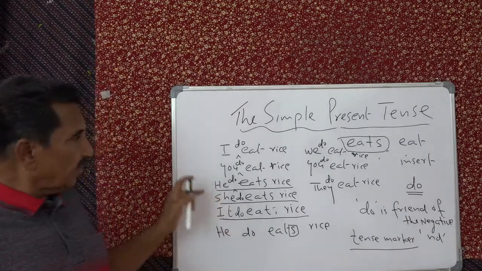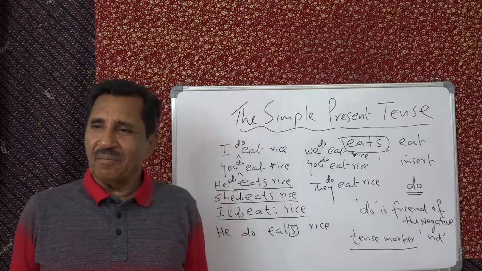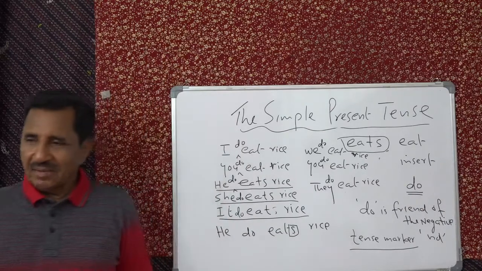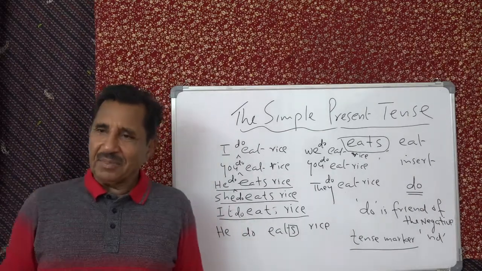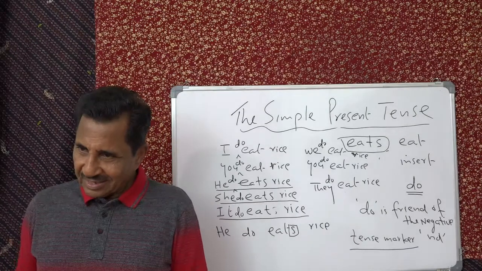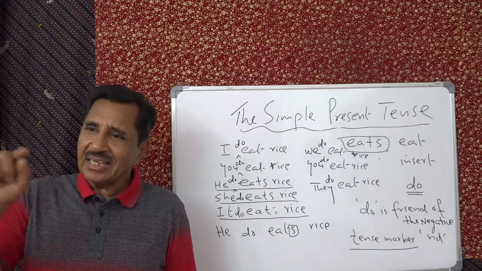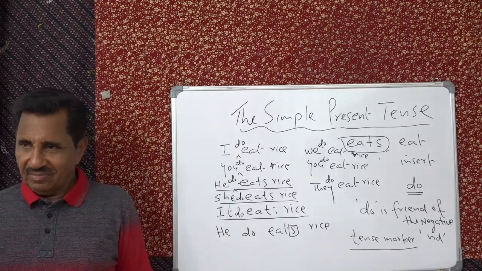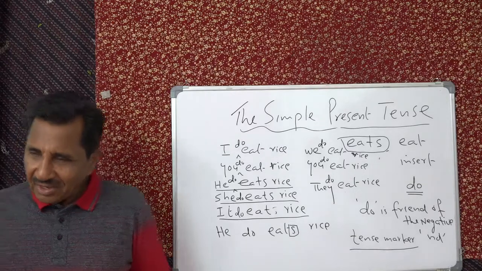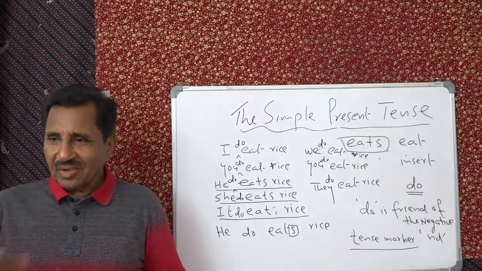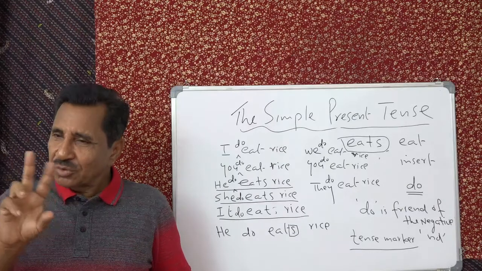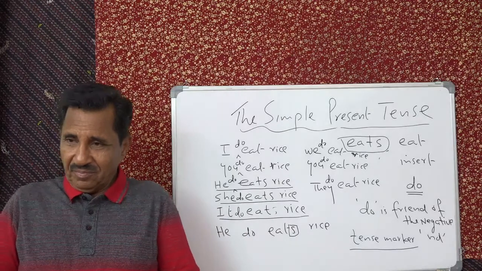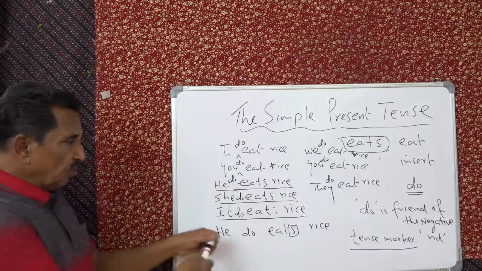So other places there is no such problem, because there is no marker. But when the subject is third person singular, at the end of the verb there is a tense marker, and that tense marker is S. Understand? And now in this case there are two words in the tense form.